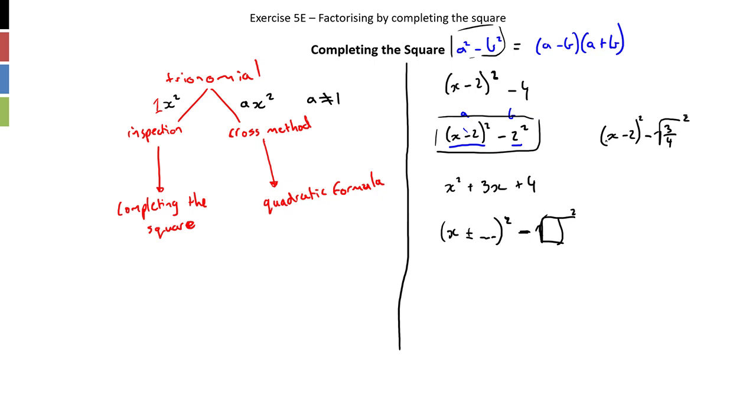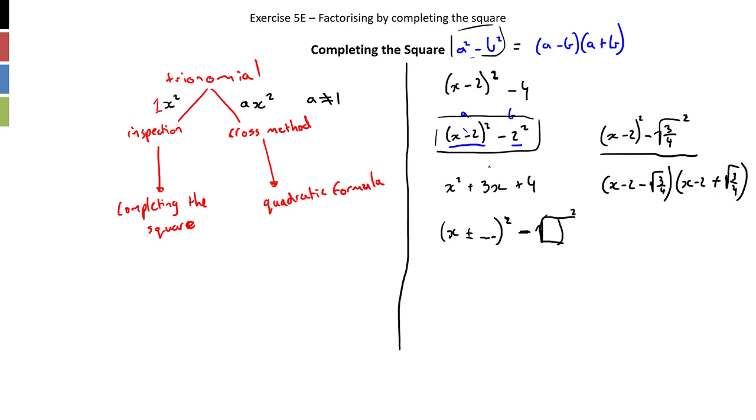So if I ended up with something that looks like this, I could factorize into x minus 2, take away the square root of 3 on 4, bracket x minus 2, add square root 3 on 4, and I've just factorized it. So we're aiming to get something that looks like this, a difference of perfect squares.